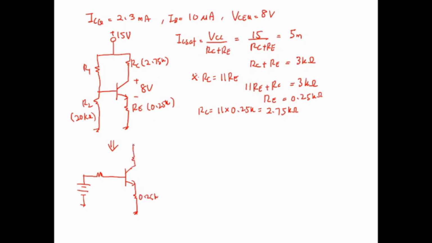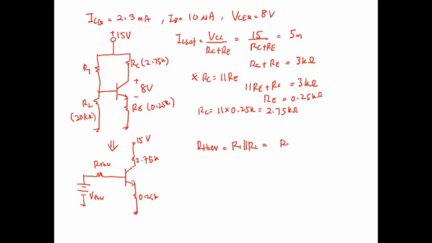Then we have here 15 volt and 2.75k. So this is our R Thevenin and this is our V Thevenin. The R Thevenin is defined as R1 parallel with R2. R1 is unknown. This is the value we want to get.